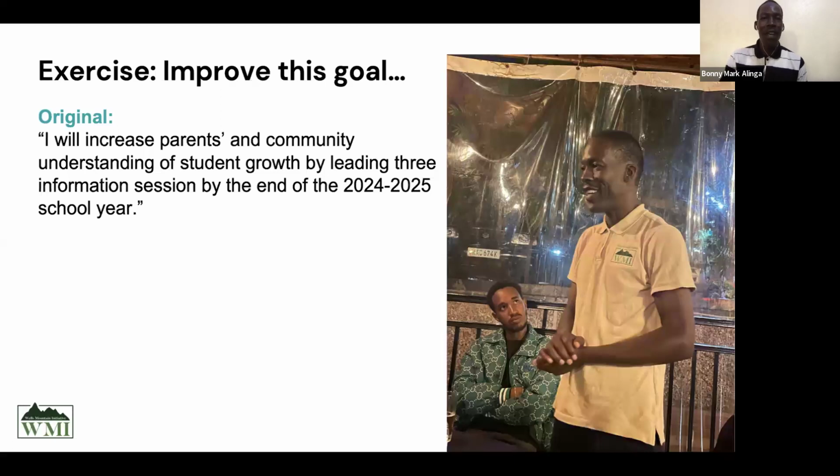You can use the chat room to put your modified or improved version of the goal that you're seeing on your screen. I will take a few moments to look at them and see how you have come up with the new goal out of this original goal.